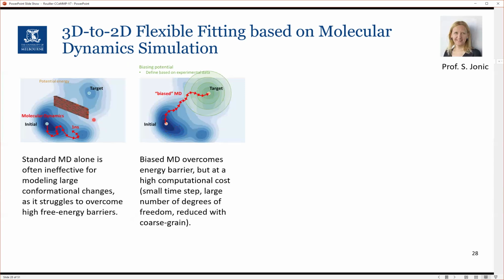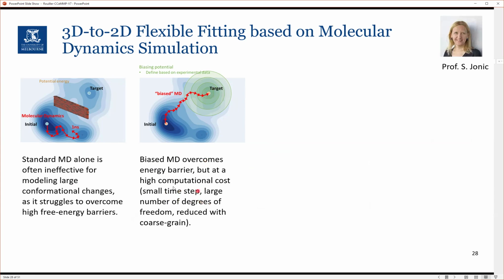However, if you use a bias potential, for example cryo-EM data, be it a 2D image or 3D volume, then you can overcome this limitation of molecular dynamics, and then you can reach your target.